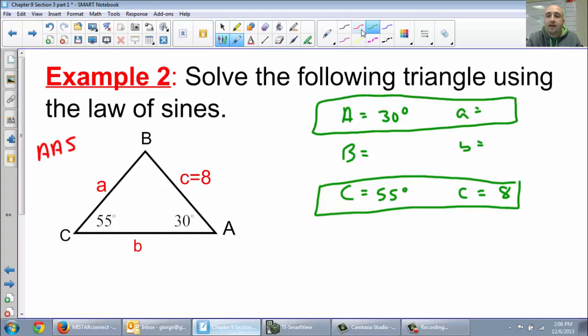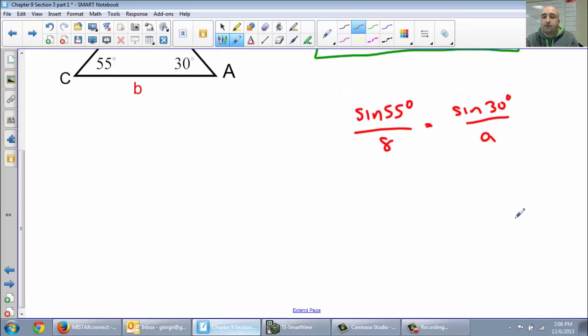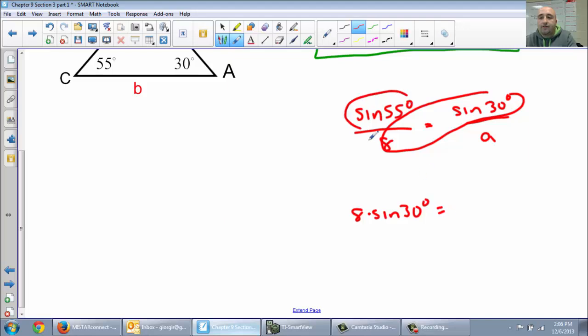Let's set up our law of sines down here below. Sine of 55 degrees divided by 8 is equal to sine of 30 degrees for our A, all over little a, which we don't know. So we're going to cross multiply again. 8 times sine of 30 is equal to sine of 55 times a.